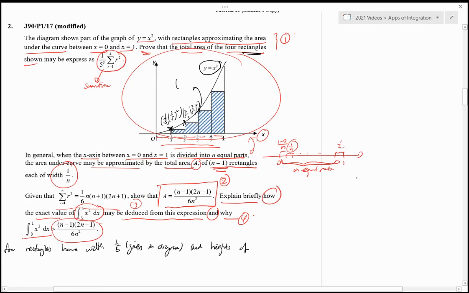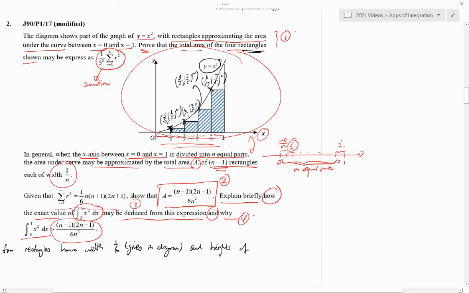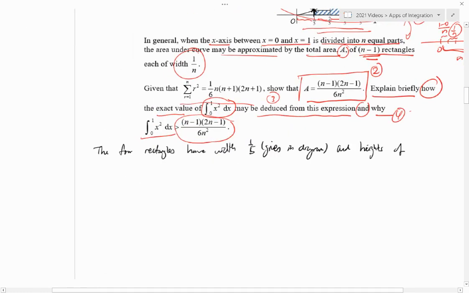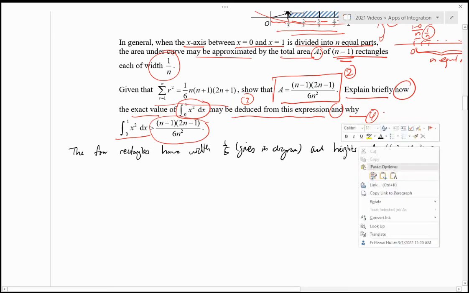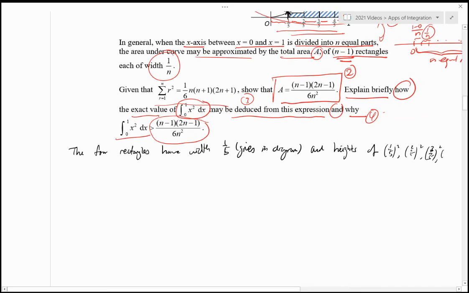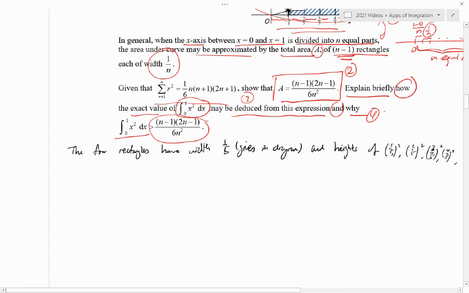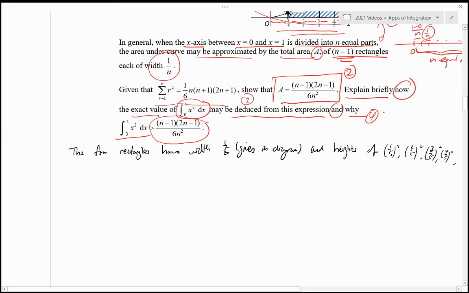Similarly, this point is 3/5, 3/5 squared, and the last rectangle here is 4/5, 4/5 squared. So the heights of these rectangles will then be 1/5 squared, 2/5 squared, 3/5 squared, and 4/5 squared, respectively.